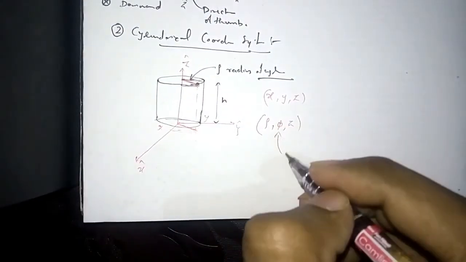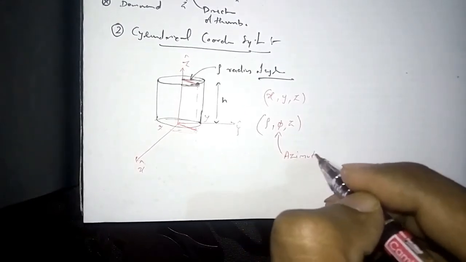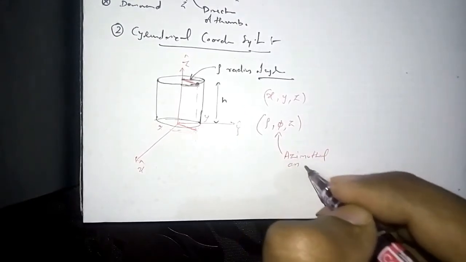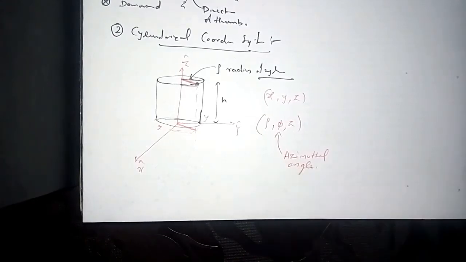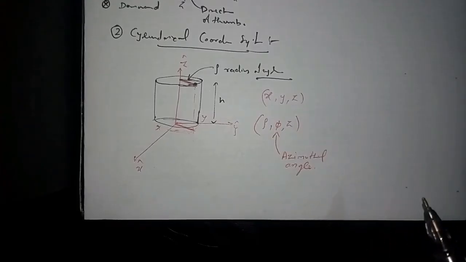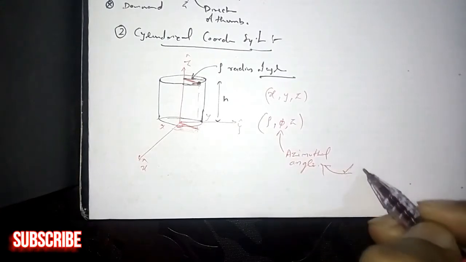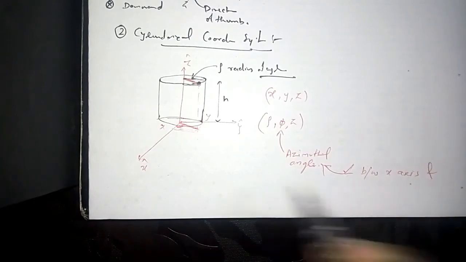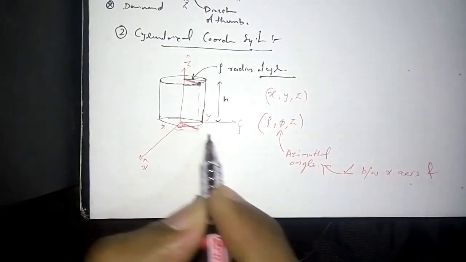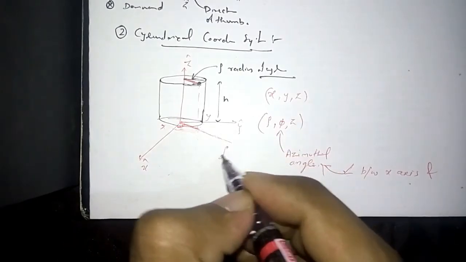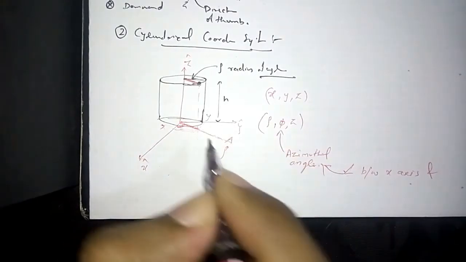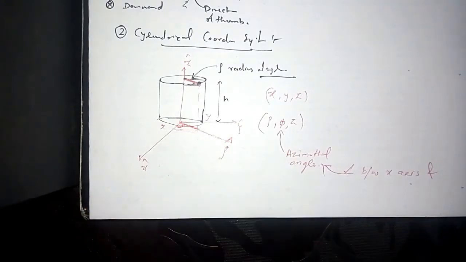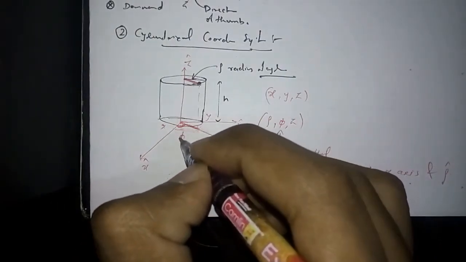This phi is known as azimuthal angle, which is the angle between x-axis and the radius cap R.